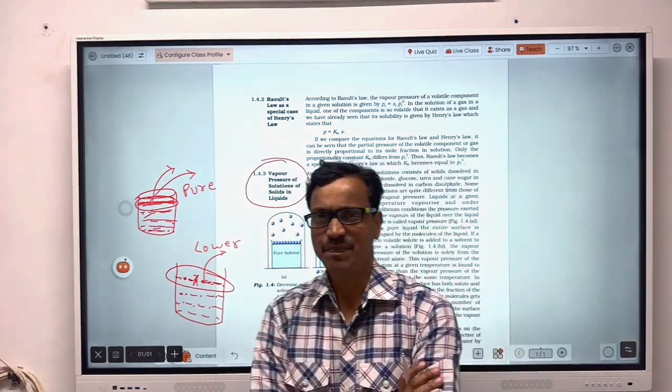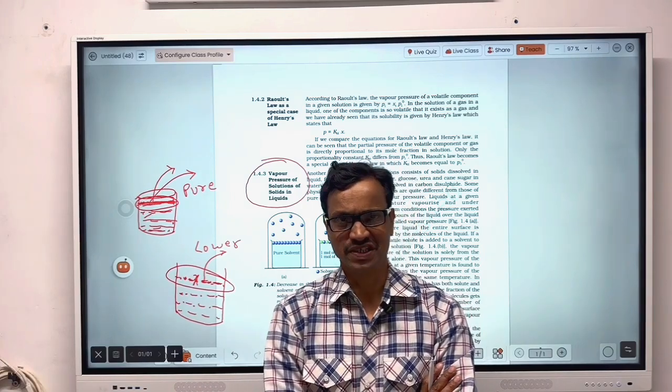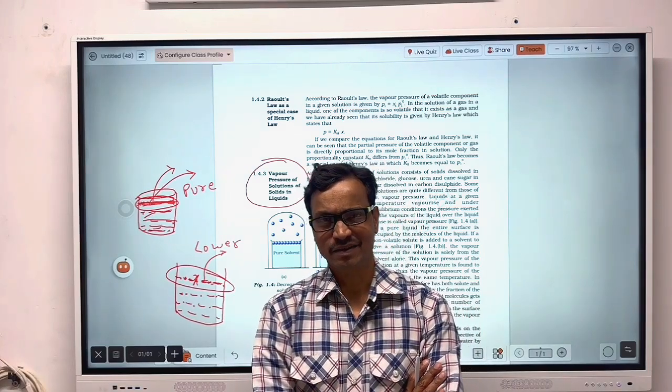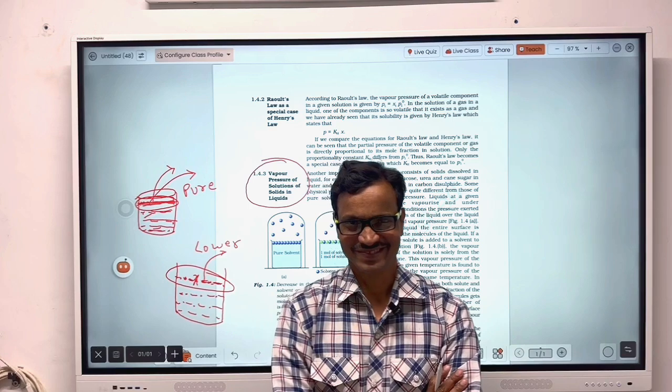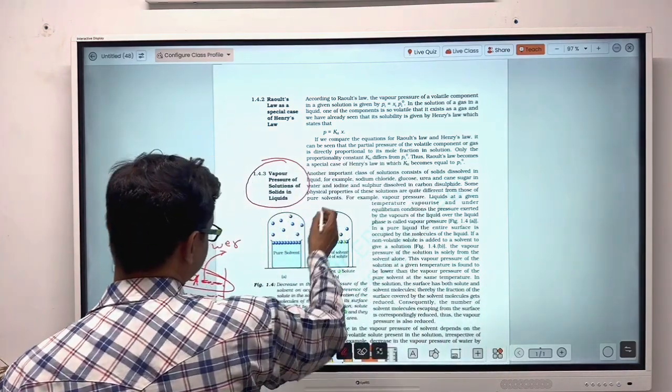That's why the vapor pressure of the resulting solution will become lower than the pure liquid. Okay, that was about this one.